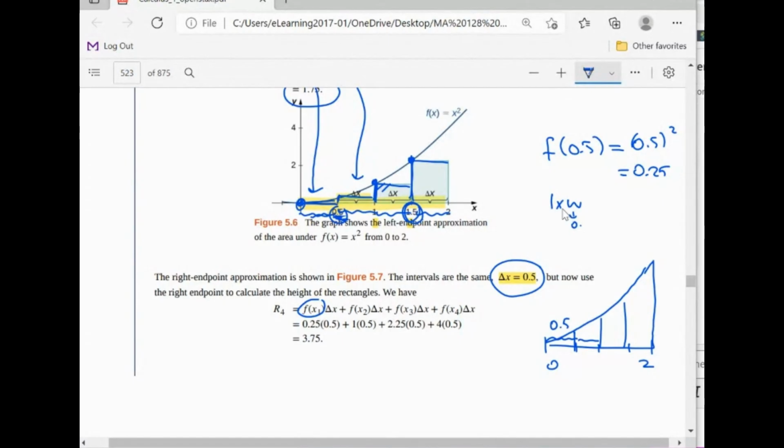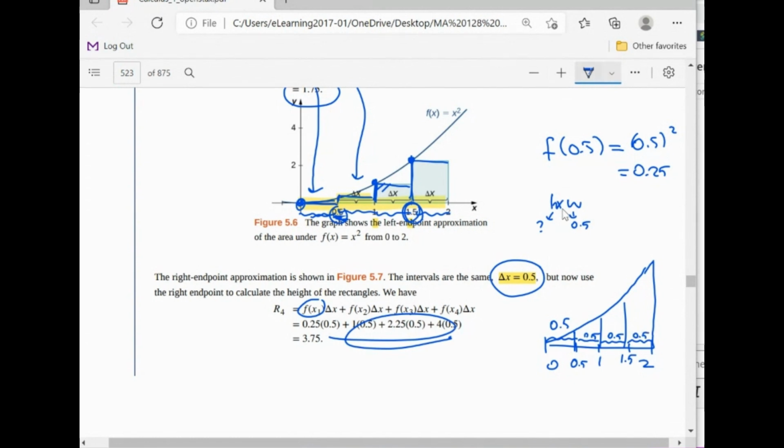So the width is constant, 0.5. So this is 0.5, 1, 1.5. Those are where you divide your intervals. But the difference between those 2 points is always constant, 0.5, right? 1 minus 0.5, 1.5 minus 1. So the width is constant.